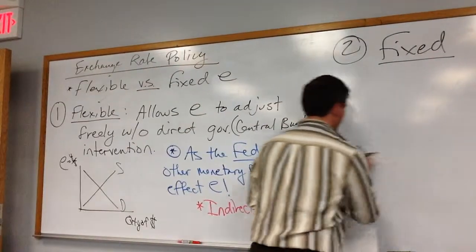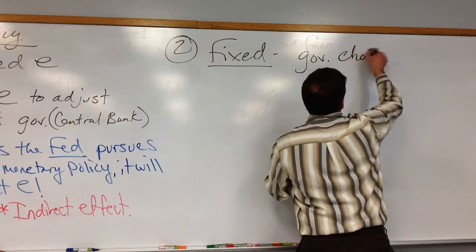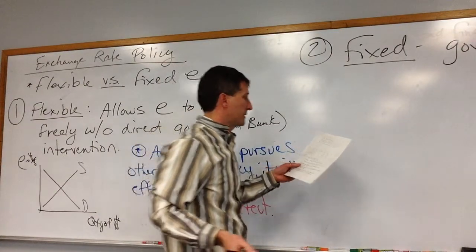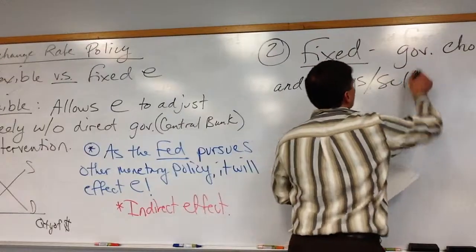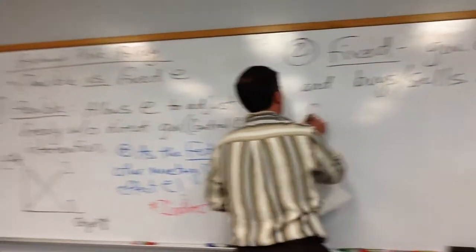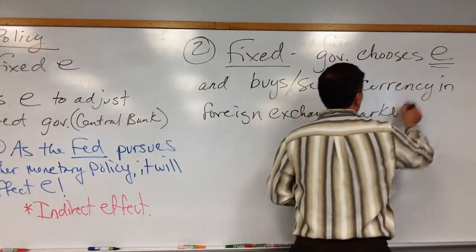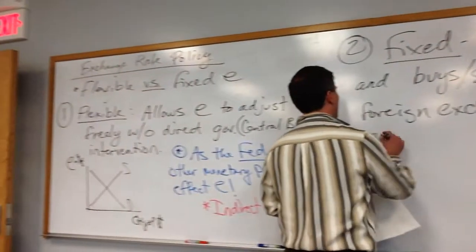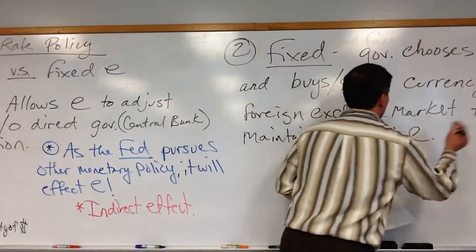Under the fixed system, the government chooses the exchange rate they want it to be and buys or sells currency in the foreign exchange market to maintain a fixed exchange rate.